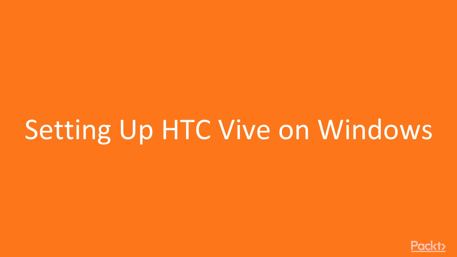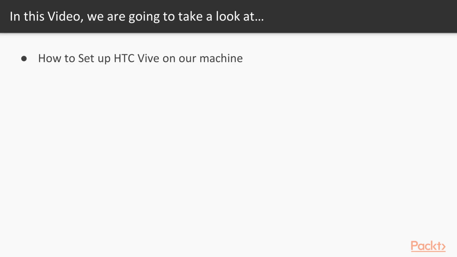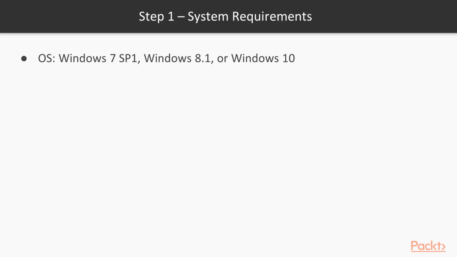Setting up HTC Vive on Windows. In this video, we are going to learn how to set up HTC Vive for our Windows machine. Step 1 is to check the system requirements. HTC Vive supports operating systems Windows 7 SP1, Windows 8, and Windows 10.